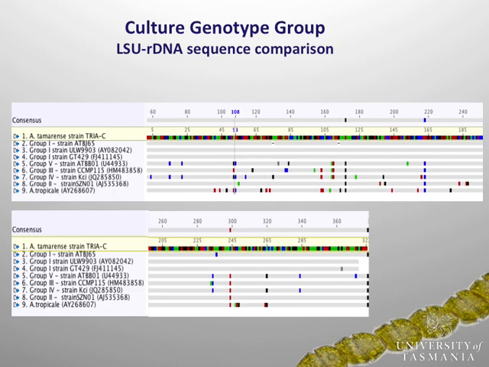So we look across these, and we can see this is one of my isolates from off Triabunna, compared with representatives of those different groups I showed you on that tree earlier. We can see that they're quite a bit different, even over this relatively short region of DNA, from group 5, group 3, group 4 and group 2, but they're actually most similar to group 1.